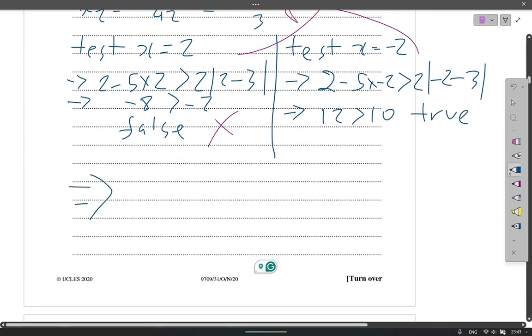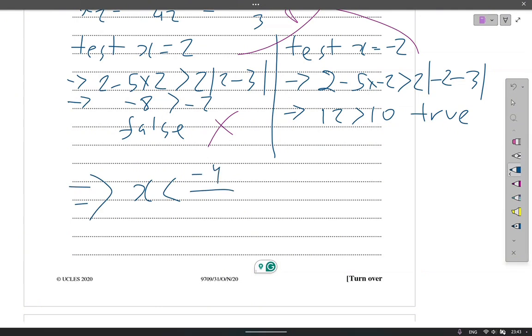Hence, the only solution is just the one.